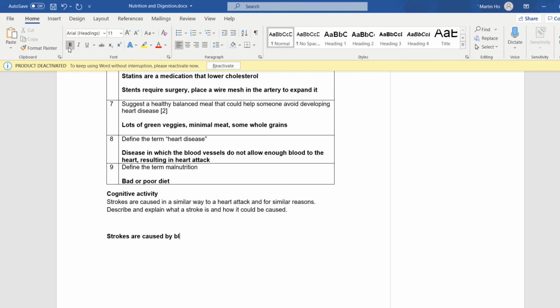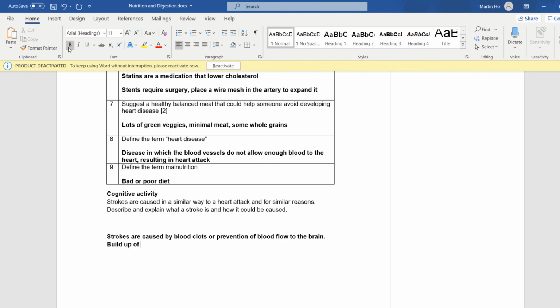by blood clots or prevention of blood flow. However, rather than to the heart, like in a heart attack, strokes are caused due to the prevention of blood flow to the brain. And of course, this will be caused in a very similar way as a heart attack.